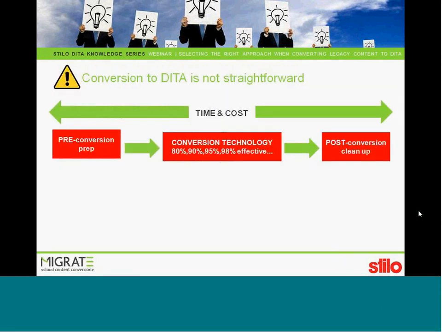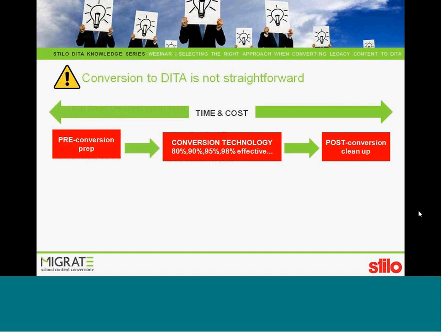Well, a word of warning first, that conversion to DITA isn't straightforward, and no matter what approach you take, I think you should take the following things into account. Any conversion project typically comprises 3 stages: preparing your content for conversion, actually undertaking the conversion itself, and then cleaning up the content.